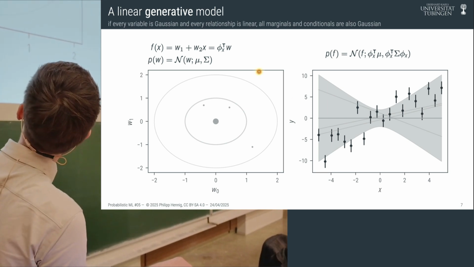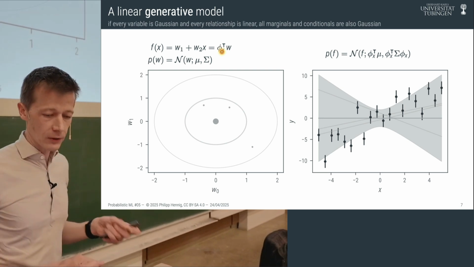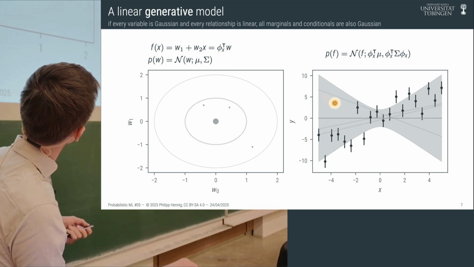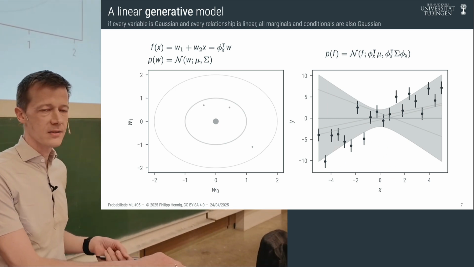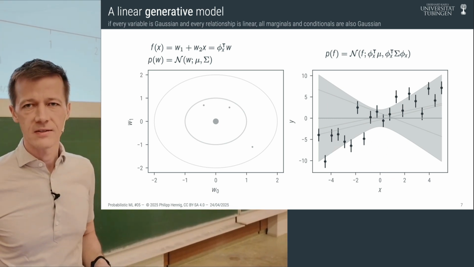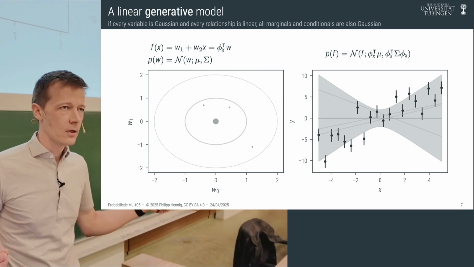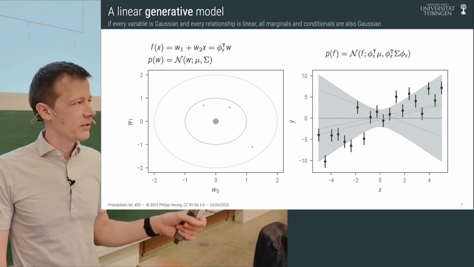And then we apply this vector phi to our Gaussian. We know how to do that. And we'll get a Gaussian distribution over the values of the function f of x for every possible value of x. In fact, we'll get a joint Gaussian distribution over all the values of this function at arbitrary points x.